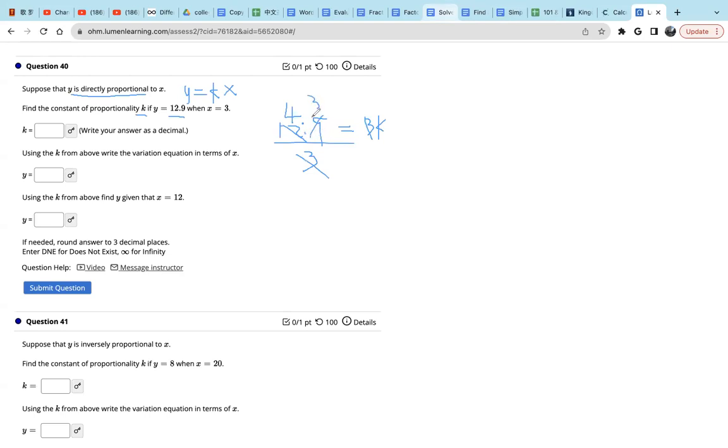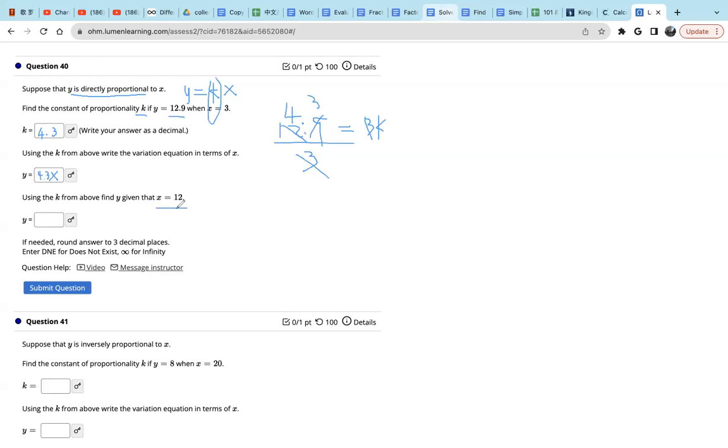So k equals 4.3. Then using k from above in terms of x, y equals 4.3x, right? Because k is 4.3 now. This is 4.3 times x.